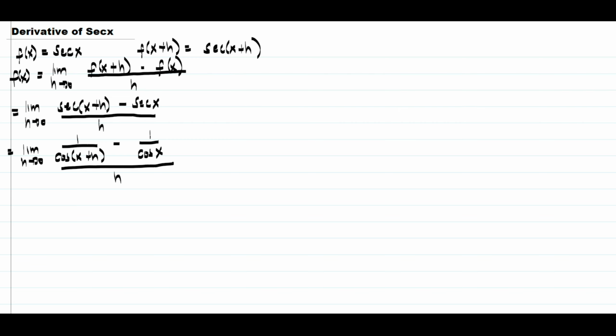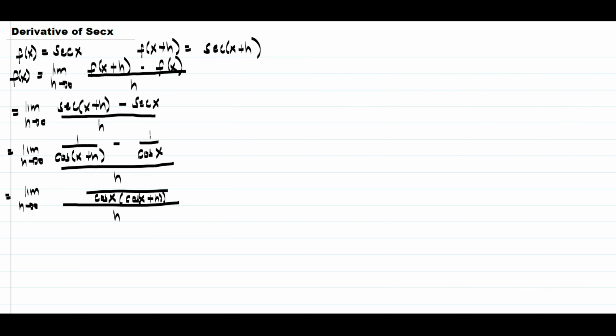And since we have secant (x + h), this is 1 over cosine (x + h), minus the reciprocal of secant x, 1 over cosine x, all over h. Let us write h, and let us write cosine x and cosine (x + h) on the denominator of the numerator. And let us cross multiply.